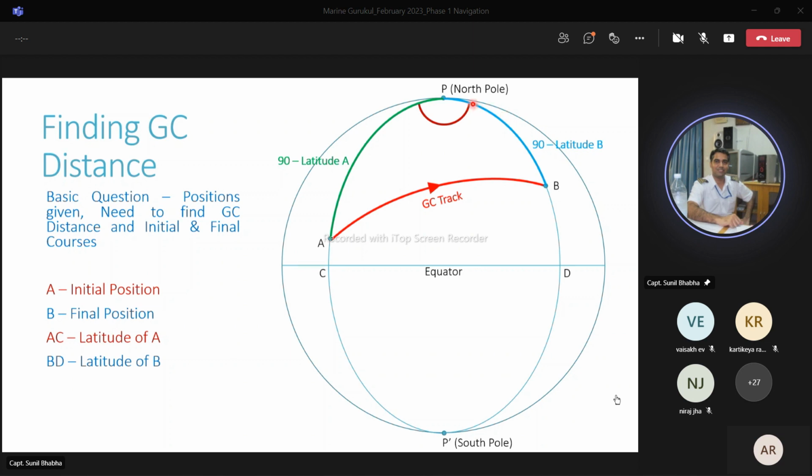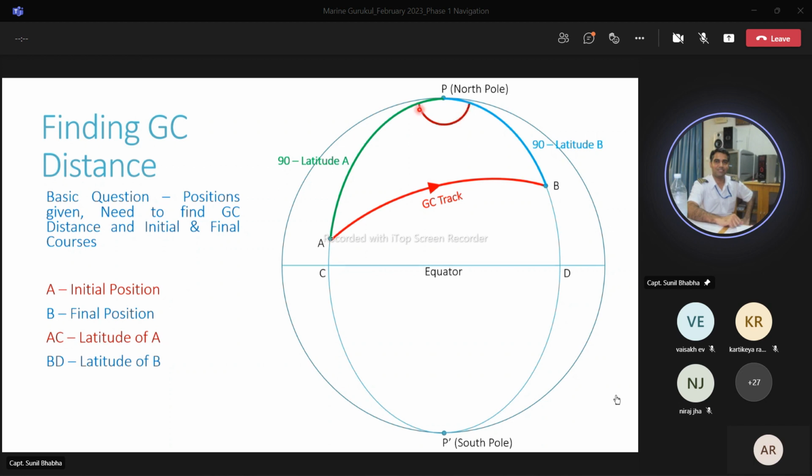Let's concentrate our attention on angle Papa of this triangle. This is highlighted in the diagram now. Angle Papa is the angle at the pole contained between the meridian of A and the meridian of B. So this is the definition of D long, or difference of longitude.